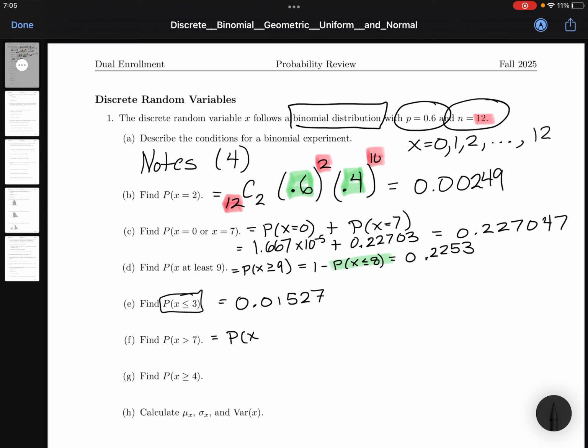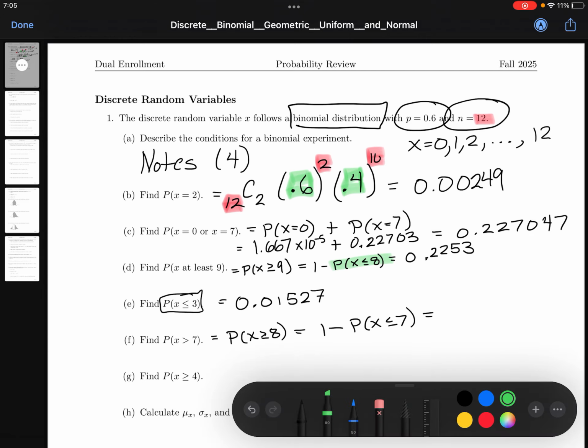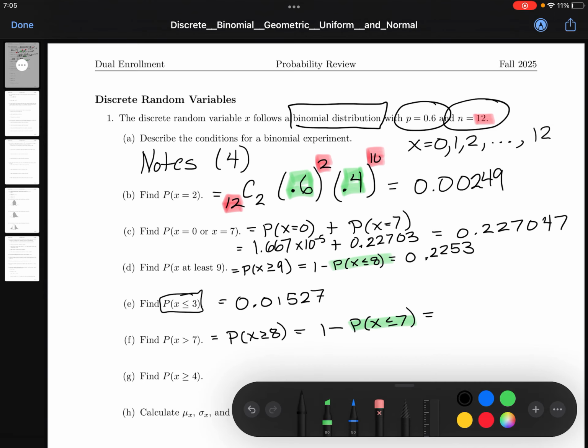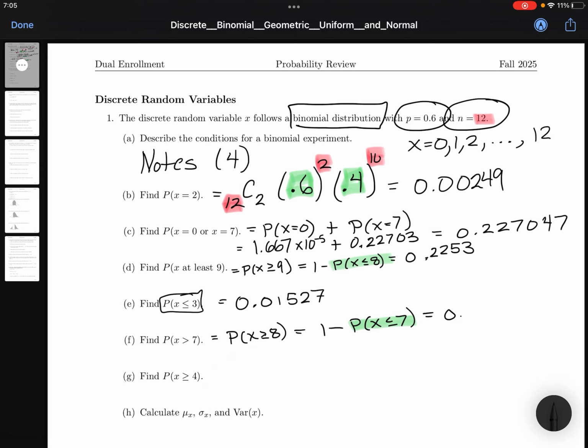Probability that x is greater than 7. That means probability that x is greater than or equal to 8, which is 1 minus the probability that x is less than or equal to 7. Again, we're going to do a cumulative distribution function with just this part, and we're going to subtract that from 1. Went ahead and found that already at 0.4382.